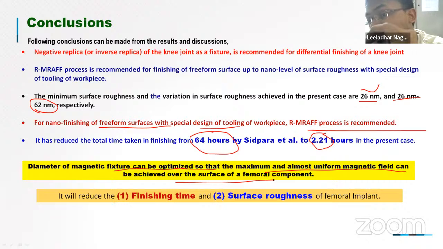For materials which are difficult to finish, we have to go for advanced finishing processes. Those who are interested in this recent topic can think about it, go through the literature, and choose according to their requirement or chosen areas.